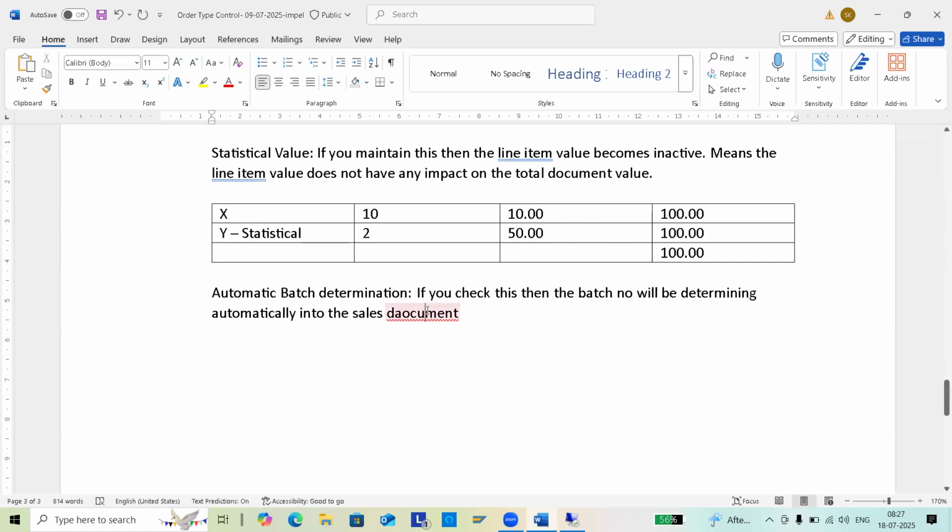Generally, we determine the batch number at delivery document level. Okay, guys, clear? Automatic batch determination.